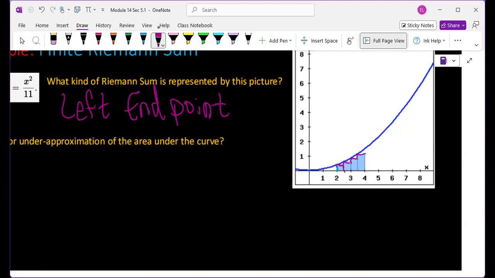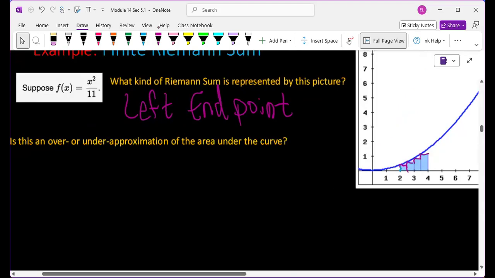Now looking at this particular curve, is that sum going to be too big or too small? Is it going to be less than the actual area under the curve or greater than the area under the curve?